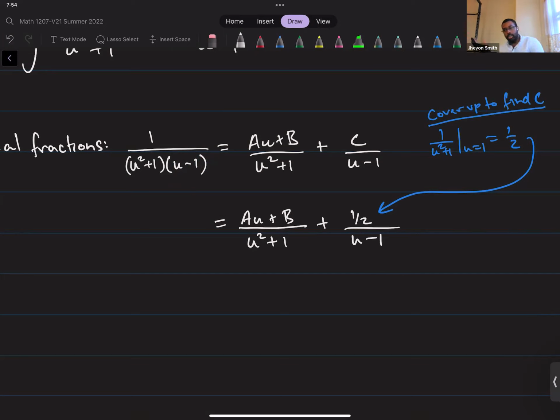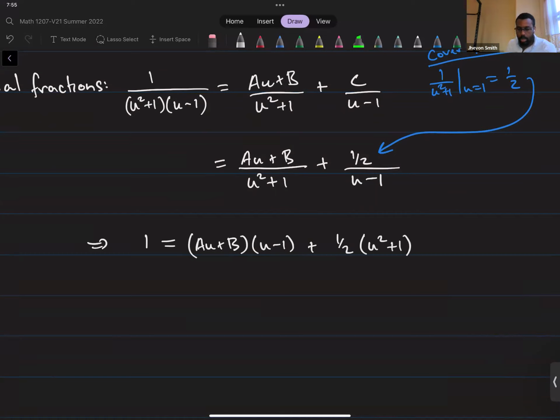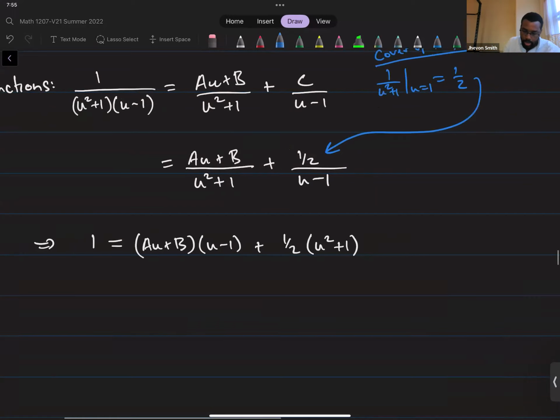So this means I'm going to use one of the two methods that we did yesterday, which for either one, we are going to have to clear the denominators.